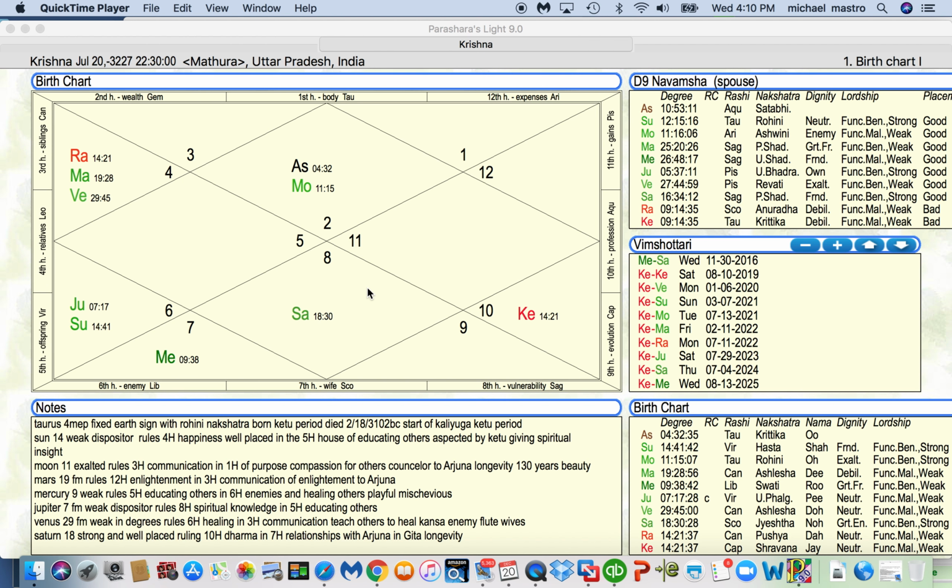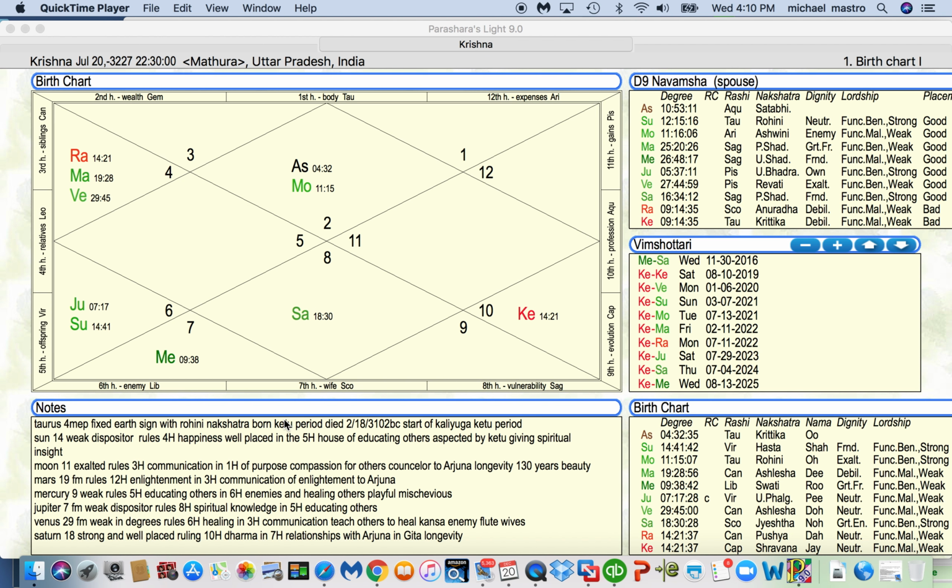which, if you looked at the eastern horizon when he was born, the constellation corresponding to the ascendant sign of Taurus was rising at 4 degrees. And that becomes the most effective point of every house. It's a fixed earth sign, and it was in the Rohini Nakshatra.